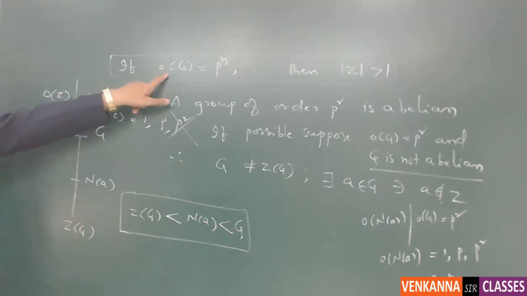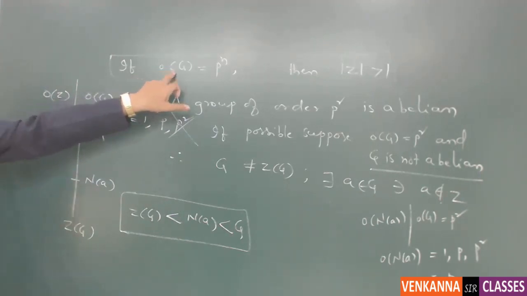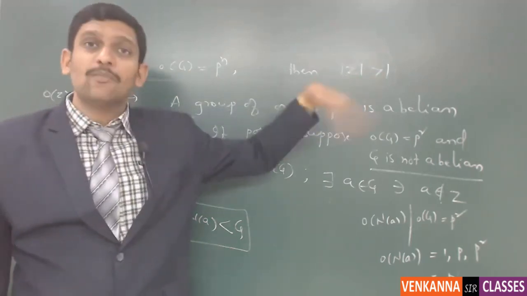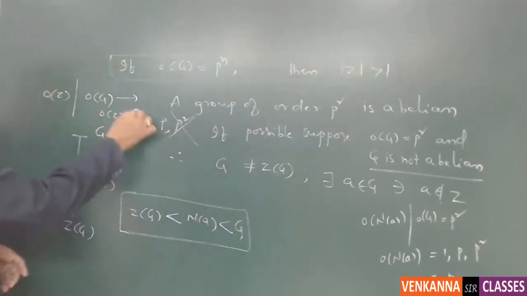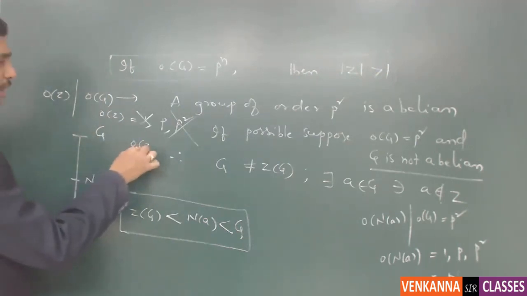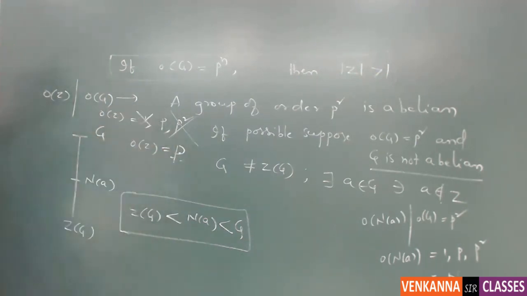In the previous result, whenever group order is of the form P power something, center contains more than one element. So this is not possible. Therefore, order of Z is equal to P. Okay? Did you get the logic? All of you.